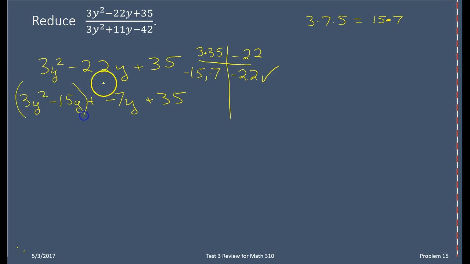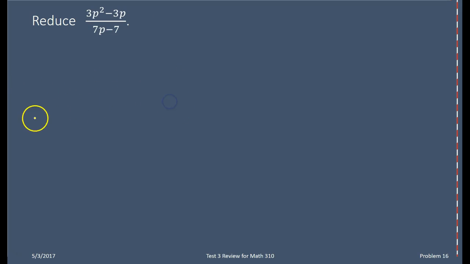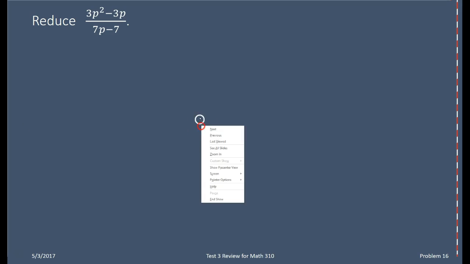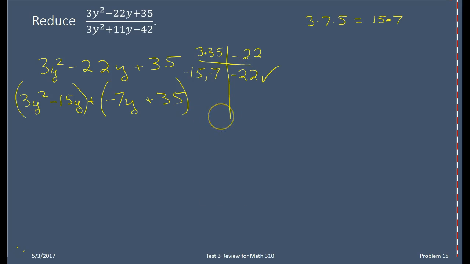And when I group, my common factor, keep doing that, my common factor is 3y, leaving y minus 3, plus, and then I'm going to pull out a negative 7, leaving y minus 5, and this here should have been a 5, not a 3.